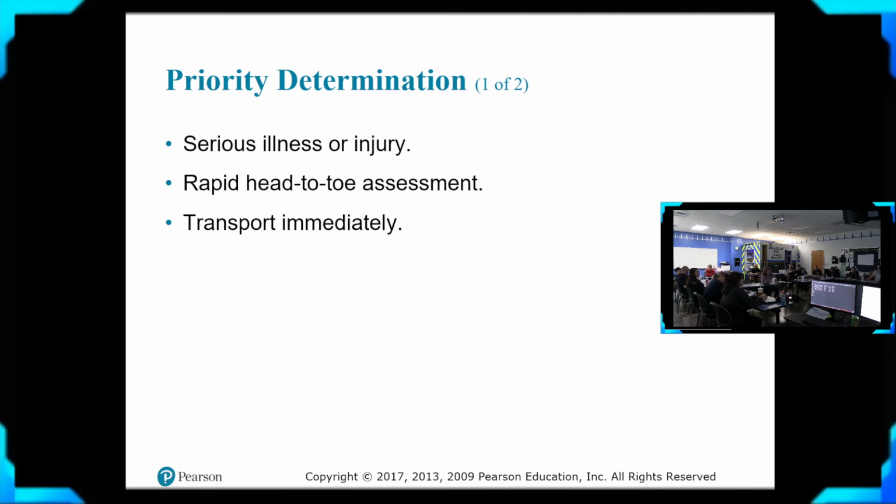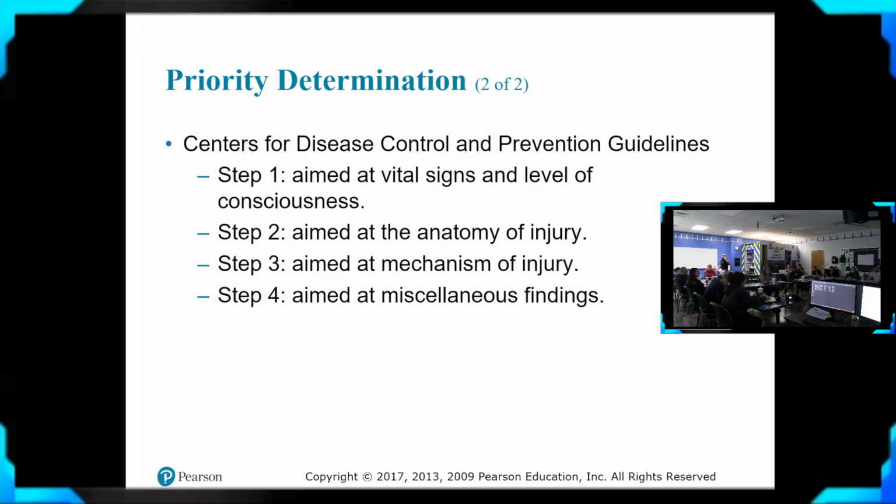Priority determination: serious injury or illness, rapid head to toe. If any of those things are there, transport immediately. Good old CDC. Step 1 is aimed at vital signs and level of consciousness.